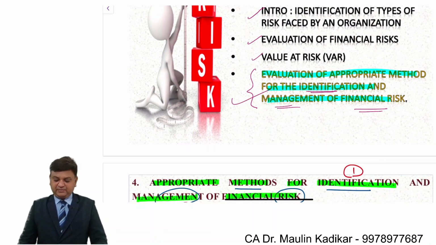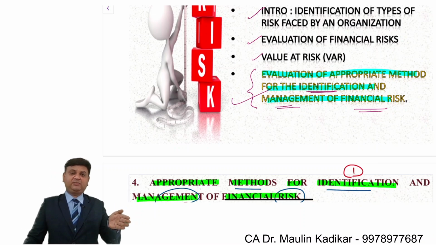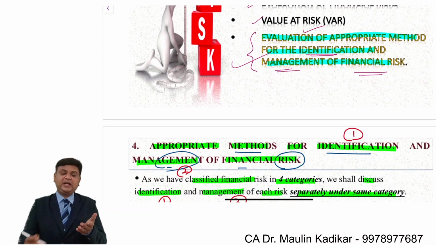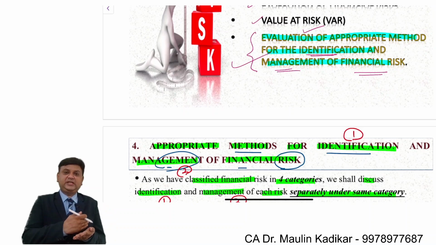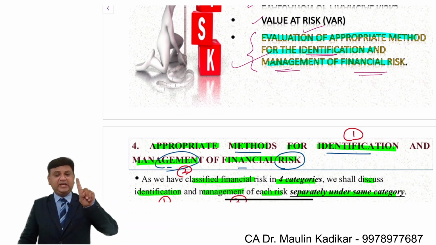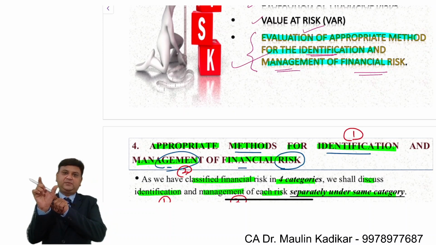Evaluation of the appropriate method and identification of financial risk. Whatever risk was initially discussed, they are now focusing further on the financial risk, on how to do the evaluation. First is identifying that if something like this happens, then you are exposed to this kind of risk.